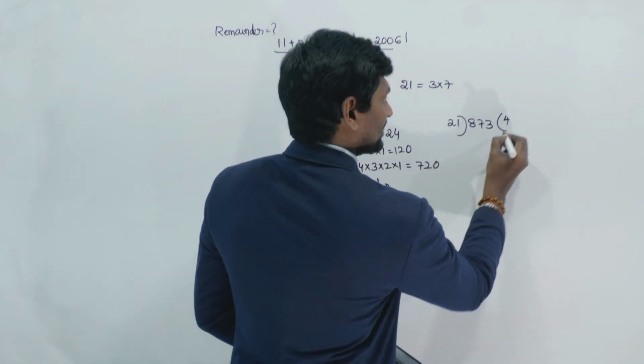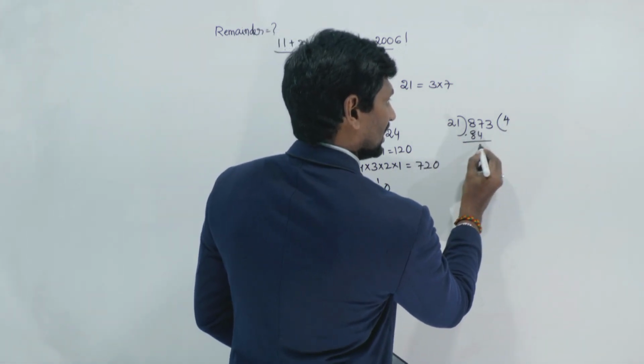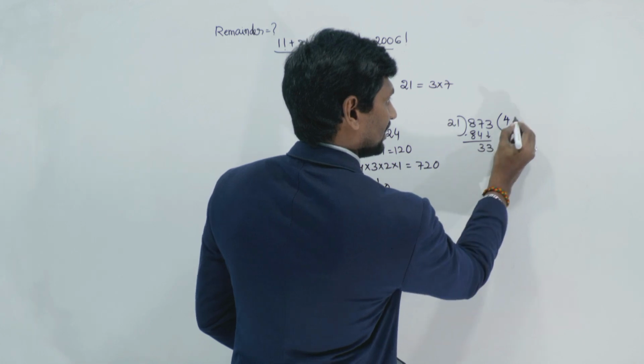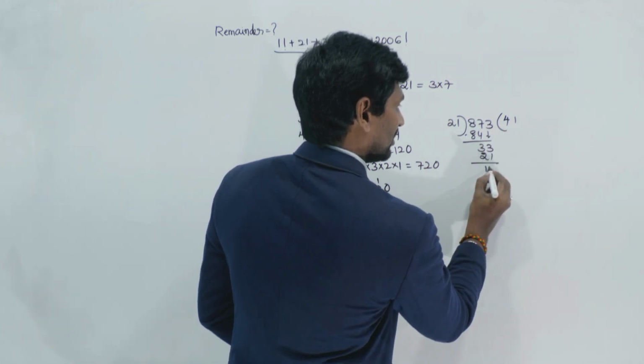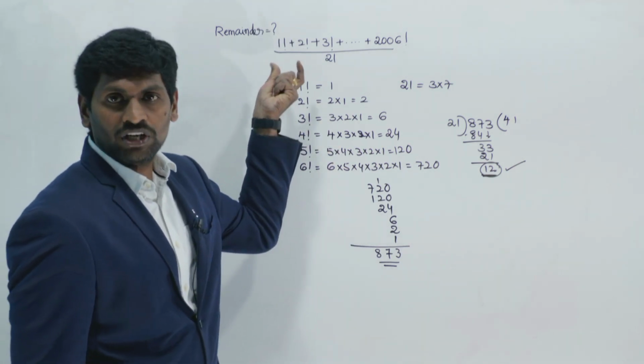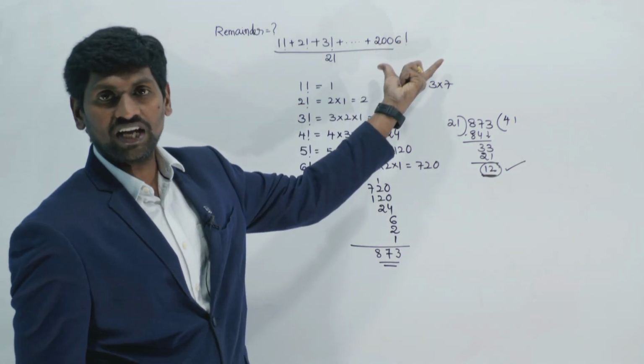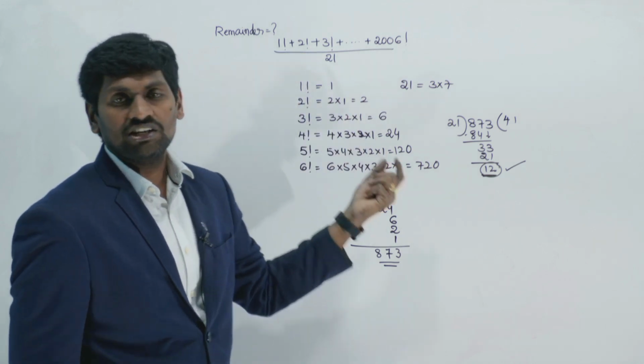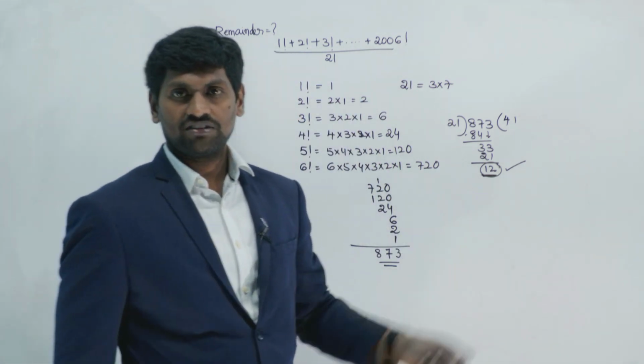So 4 times 21 is exactly 84, which leaves remainder 3 here, and 21 ones are 21, so 12 is the remainder. So if the entire number, 1 factorial plus 2 factorial up to 2006 factorial, is divided by 21, we will get the remainder 12. This is our required answer.